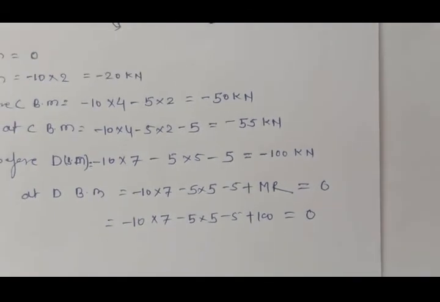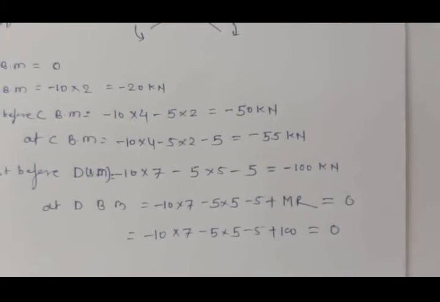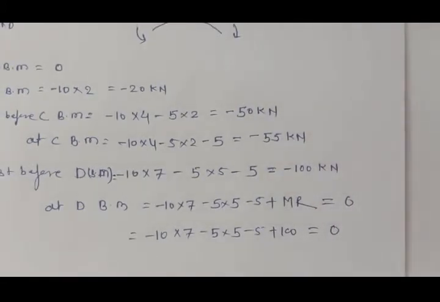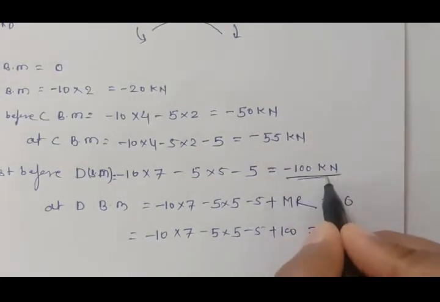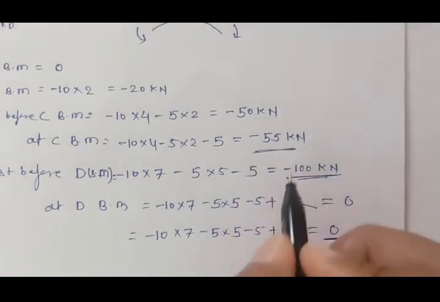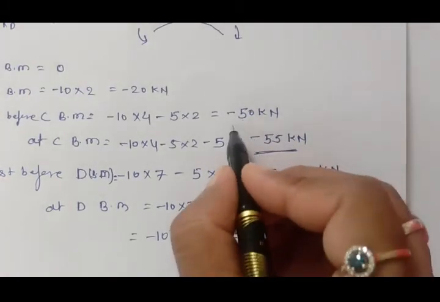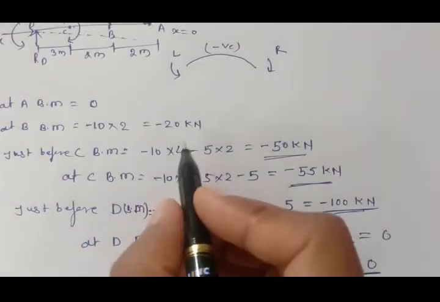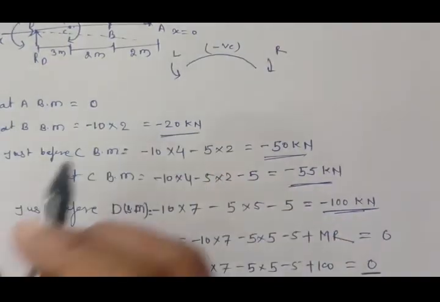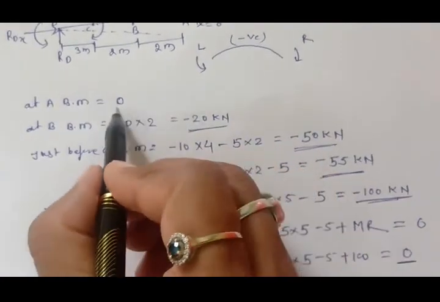So from this calculation we can draw the bending moment diagram. At D the bending moment will be 0, just before D it will be minus 100 kilonewton meter, at C it is minus 55, just before C it is minus 50, at B it is minus 20, and at A the bending moment will be 0.